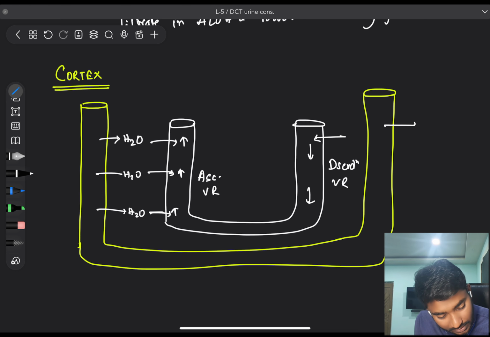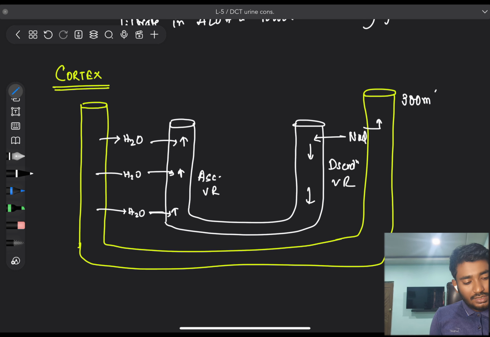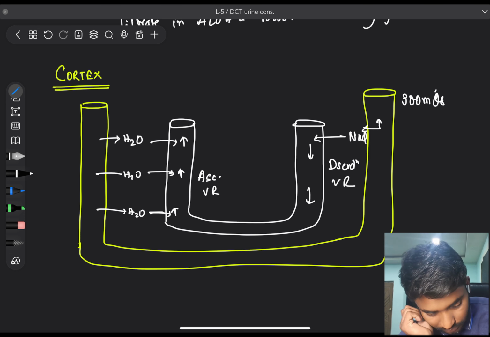Okay, here NaCl, NaCl, NaCl, 300 millimole.